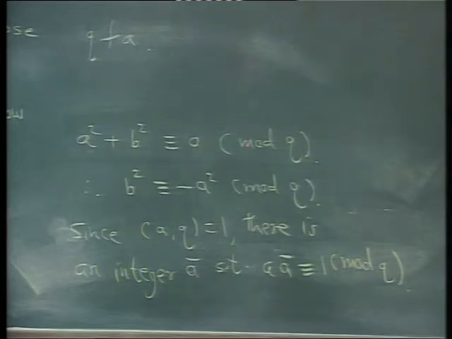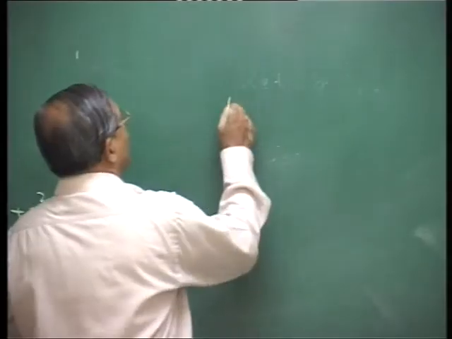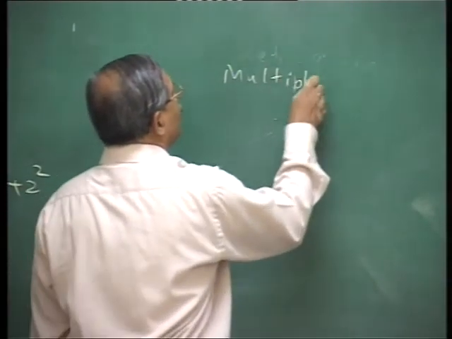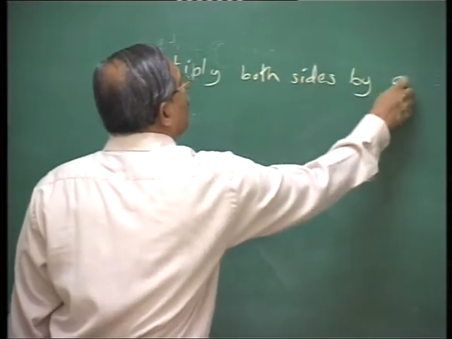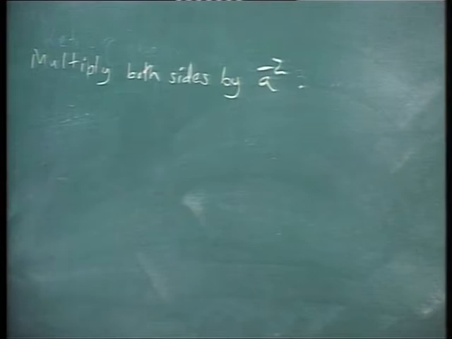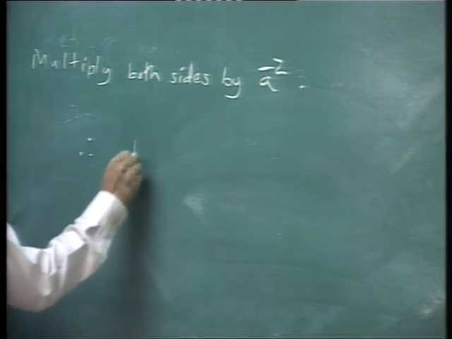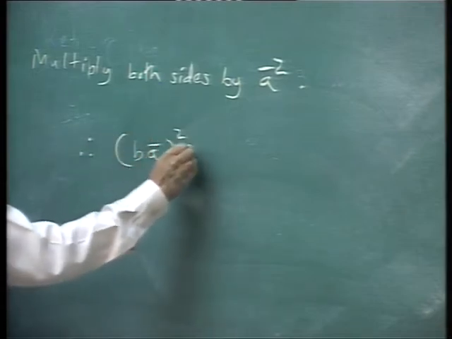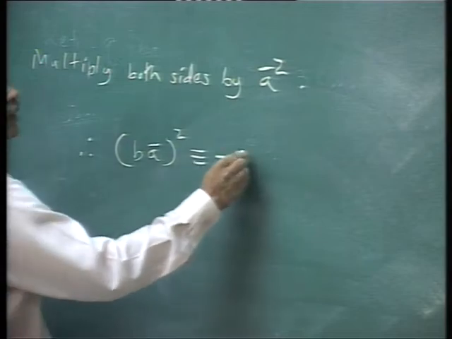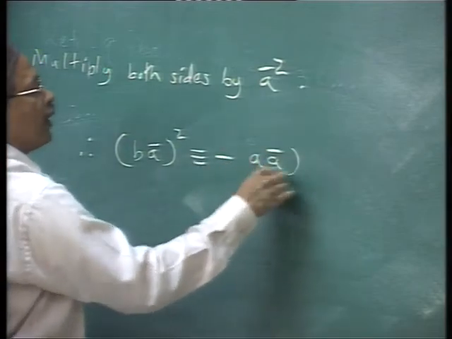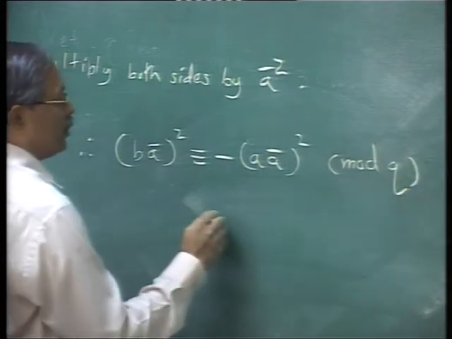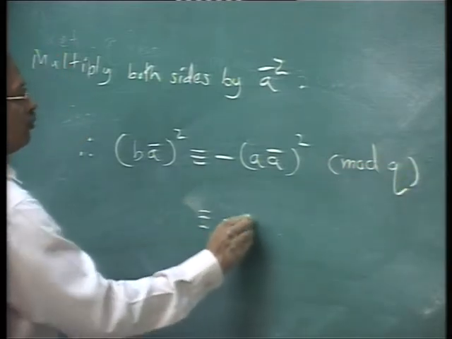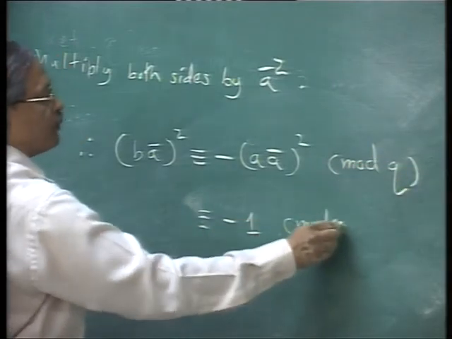Now multiply both sides by a bar square. Therefore, we get (b a bar) square congruent to minus of (a a bar) square mod q, congruent to minus 1 mod q.